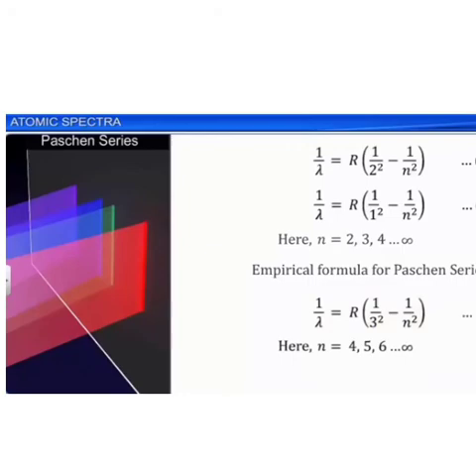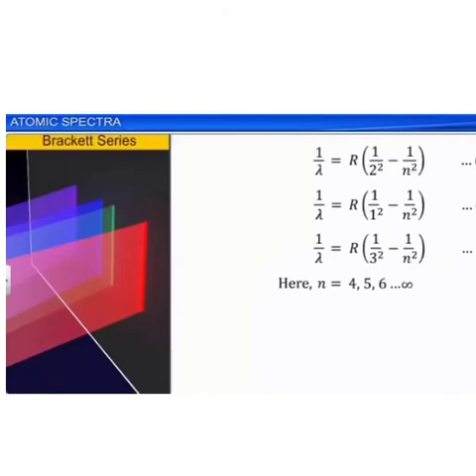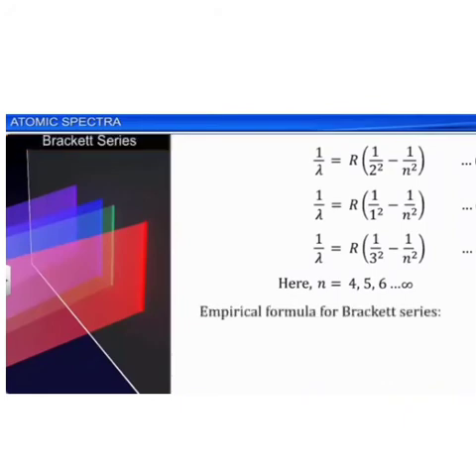The Brackett series has spectral lines which lie in the infrared region. The formula for the Brackett series is 1/lambda = R (1/4² − 1/n²). Here, n is equal to 5, 6, 7, and so on, up to infinity. Let this be equation 4.